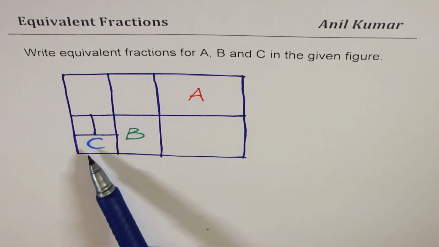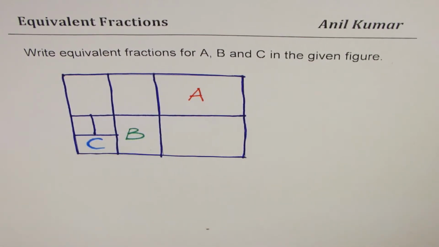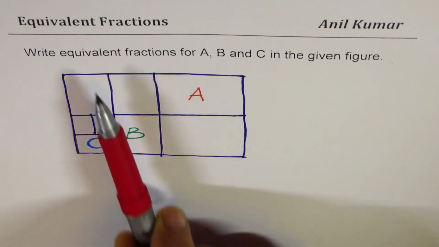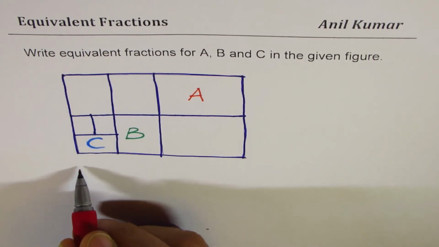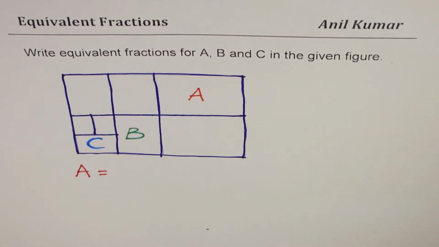And now what I see here is that there are different boxes which are of different size. Now the question for you is, how do I represent A, B, and C in equivalent fractions, right? So you need to write, how can I write A as a fraction of the whole?